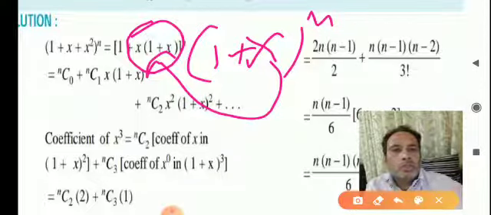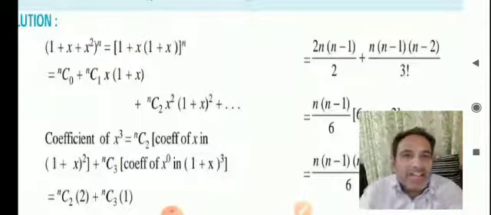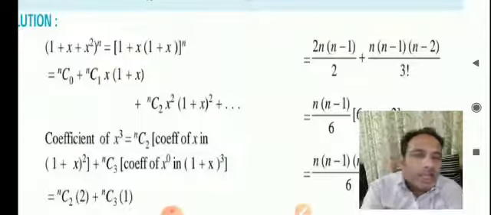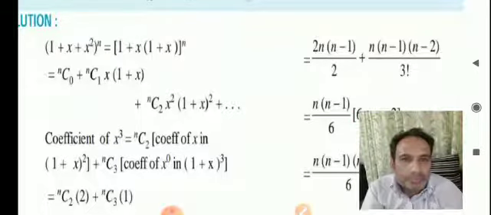So if you open this binomial theorem, that is nc0 plus nc1 x into 1 plus x, and nc2 and so on. Here you have to find the coefficient of x cube.